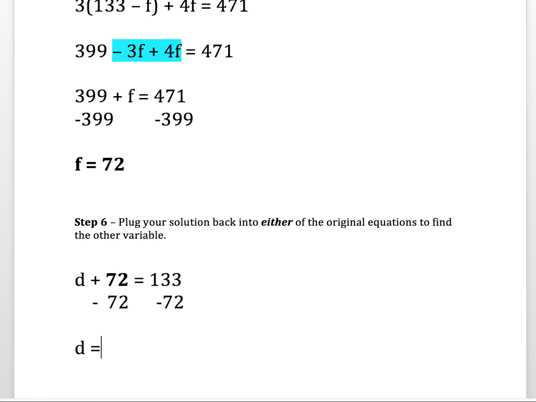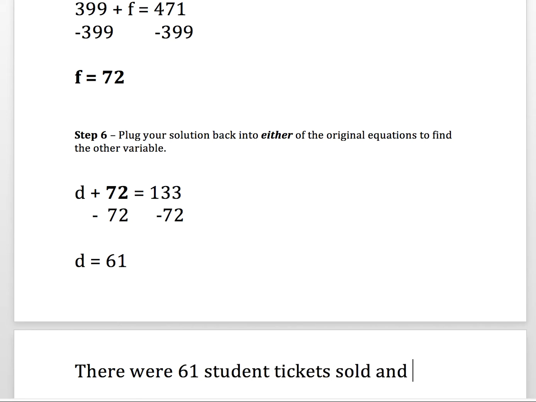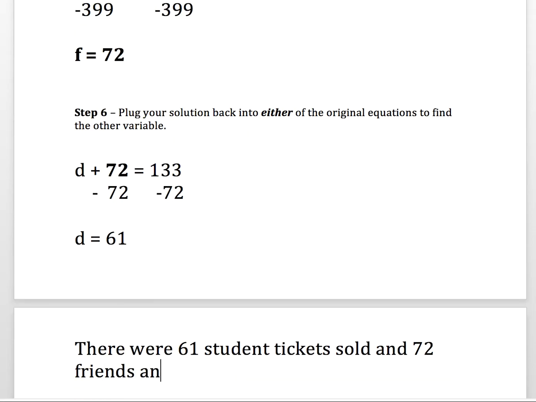And we get D equals 61. So there were 61 student tickets sold and 72 friends and family tickets sold.